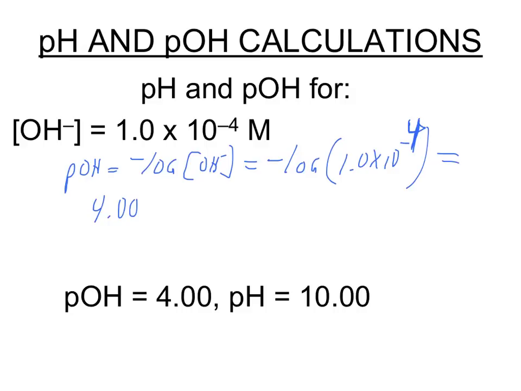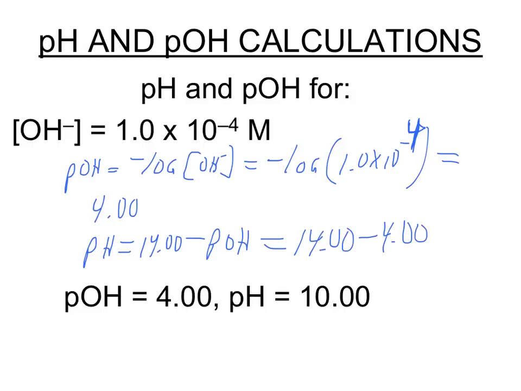We get one number from the exponent, and we get the two decimal places from this digit in front of it. So those two sig figs become these two, and the exponent becomes the number in front of the decimal place. So that's what my pOH equals, and I also know that the pH equals 14.00 minus the pOH. So this equals 14.00 minus 4.00, and the pH turns out to be 10.00 from that.